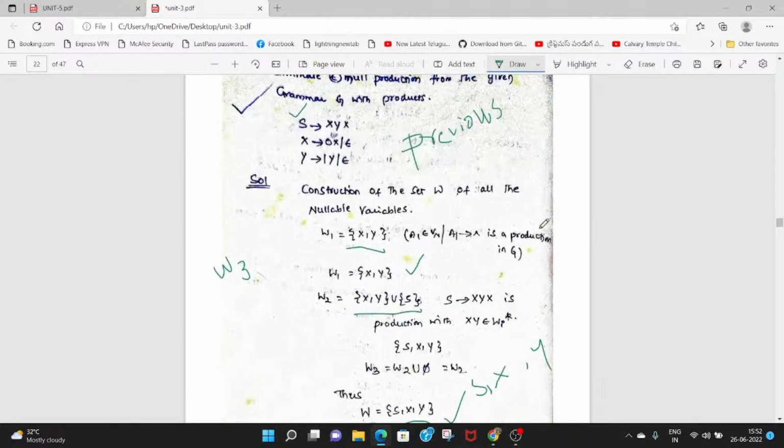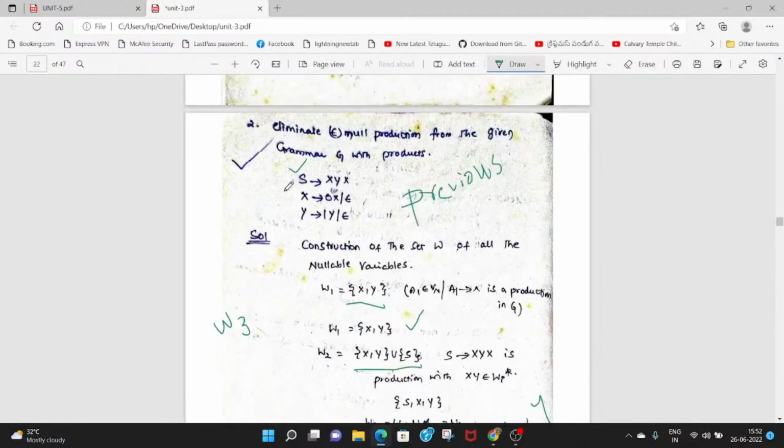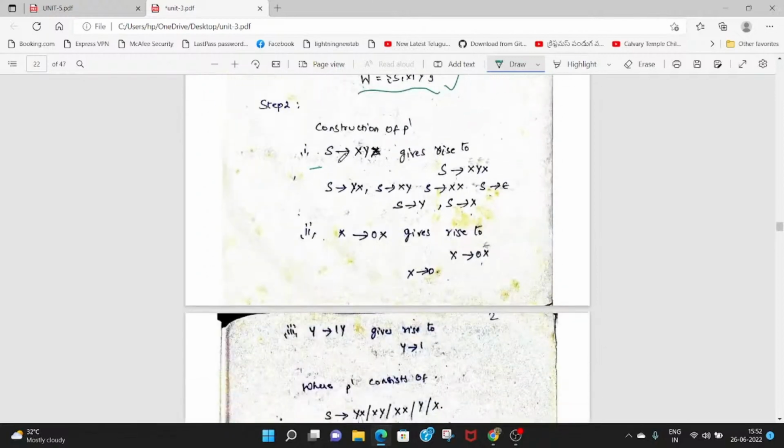These are the only ones. So now I'm including all these three, and now you can take each and every variable. See every production, S tends to XYX. This leads to all these types of productions in the elimination of null productions of the grammar.